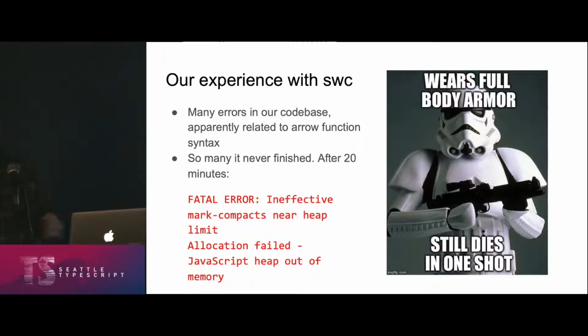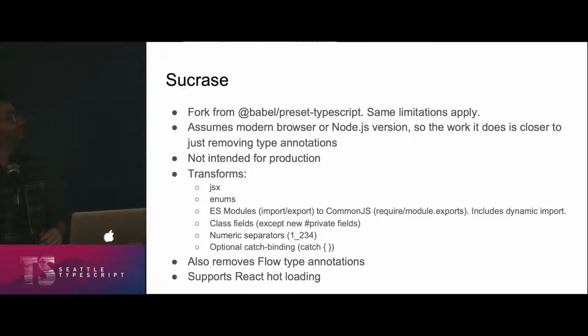And the reason being that there is another project that claims to be faster than this. It's not Rust, but it's TypeScript, and that's Sucrase. Like I said earlier, it's a fork of the TypeScript preset for Babel. So the limitations that we mentioned apply, just like in SWC.